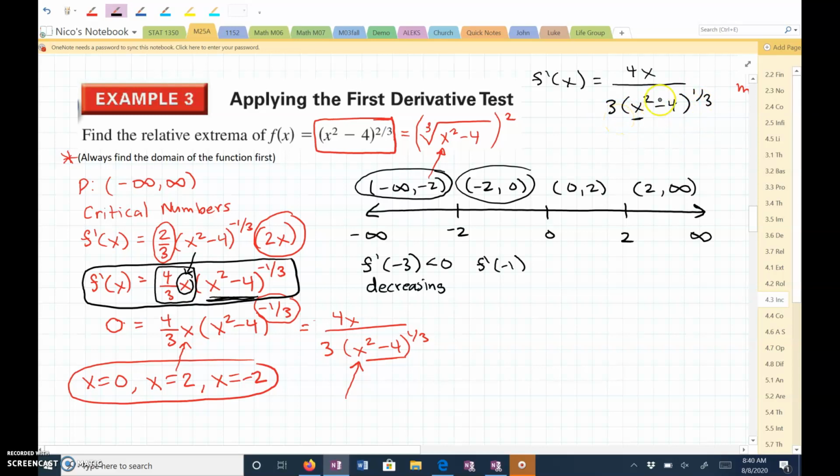So you've got a negative divided by a negative, which is a positive, so this is going to be increasing. Next interval, let's try f prime of 1. Numerator would be positive, denominator would be negative. Overall, this is going to be less than 0, so this is going to be decreasing.